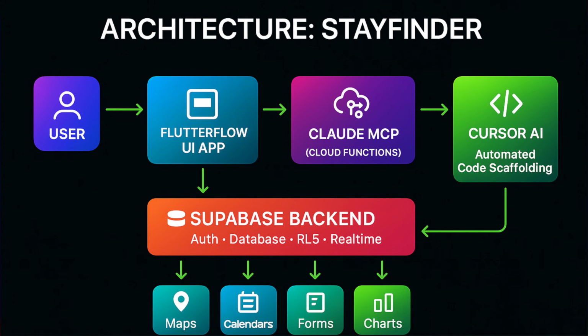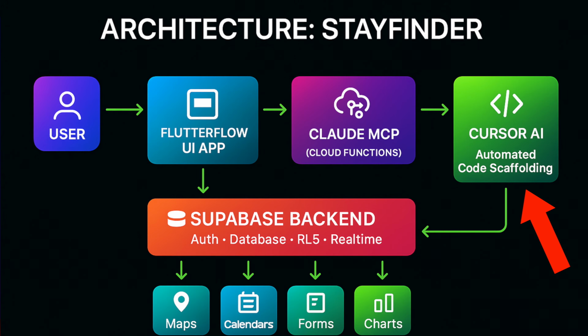Here's how it all fits together at a glance. User interactions hit the FlutterFlow UI. Static CRUD calls go straight to Supabase for Auth, database, RLS, and real-time. When we need AI-driven widgets such as maps, calendars, forms, and charts, FlutterFlow invokes our Claude MCP Cloud functions, which in turn interpret prompts, query Supabase, and return structured JSON.